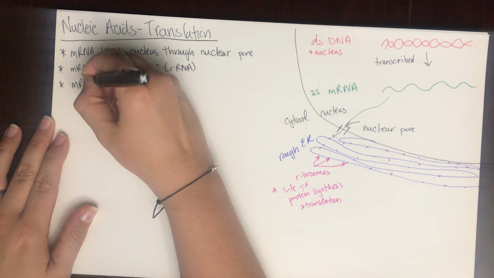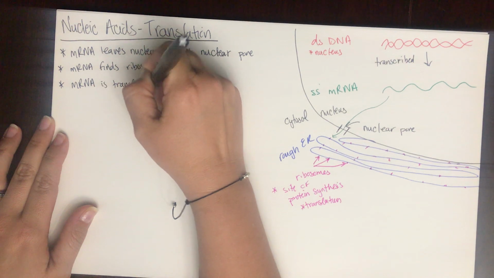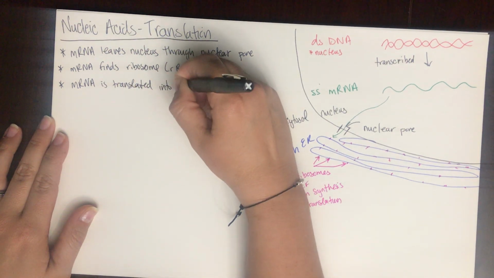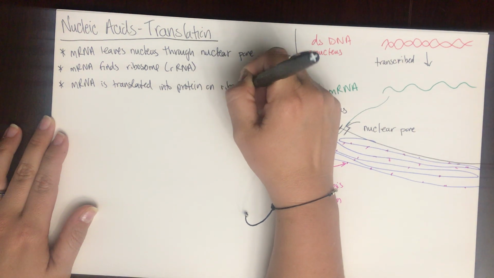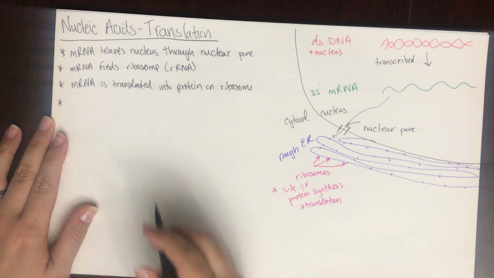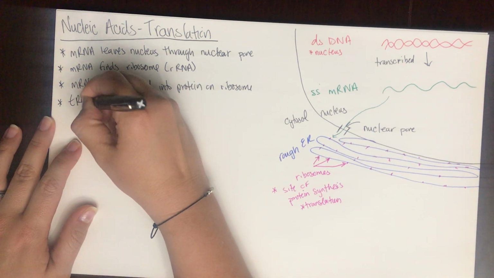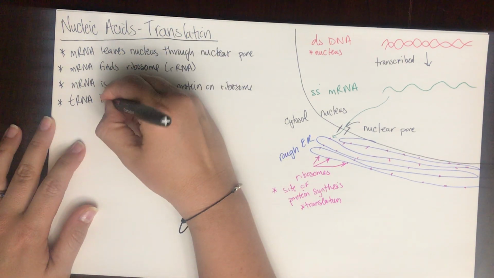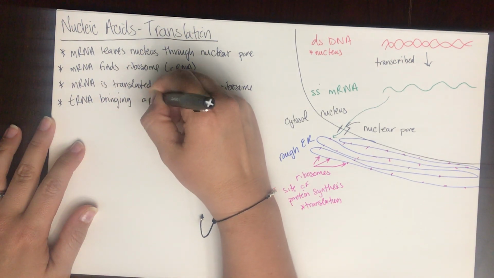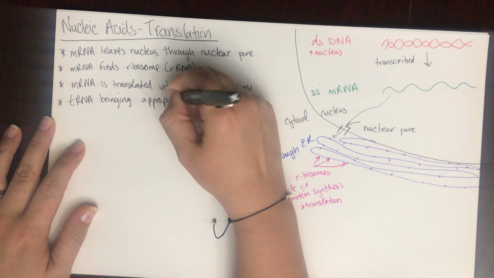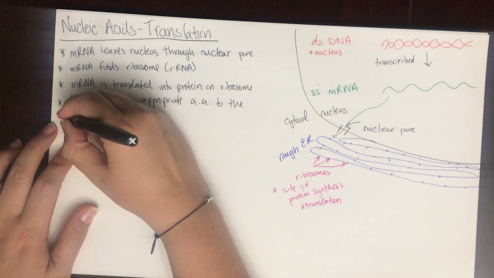Messenger RNA is translated into protein on the ribosome. It's translated into protein by the tRNA bringing the appropriate amino acid to the growing protein.